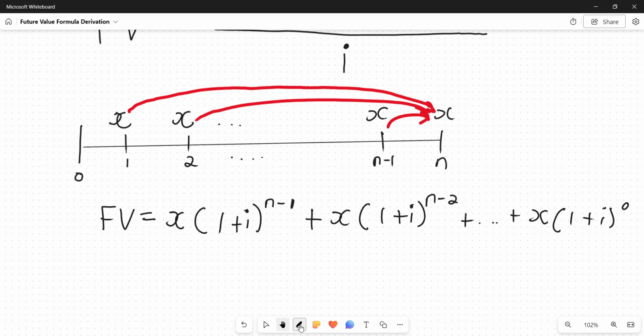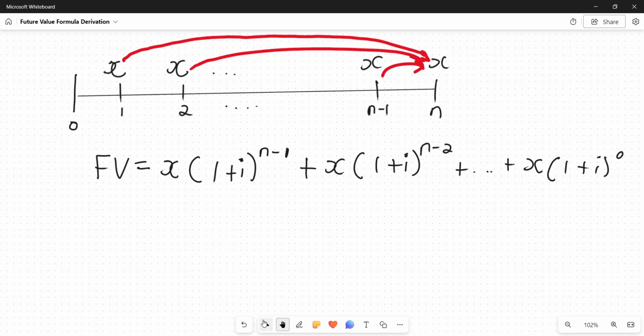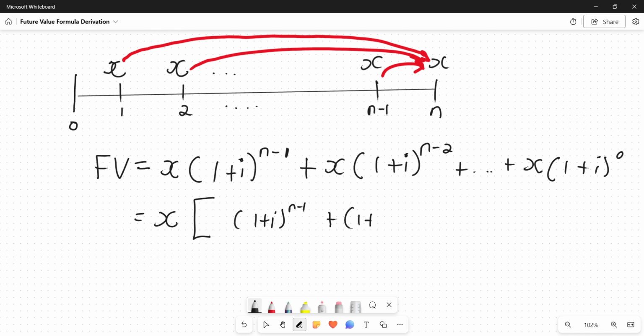Now, as you can see, we have a common factor of x, so we are going to factor out x. It will be 1 plus i to the power of n minus 1, plus 1 plus i to the power of n minus 2, then carry on until the last one, which is basically 1.